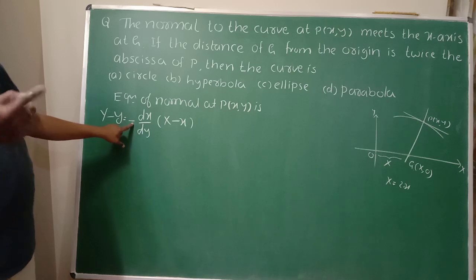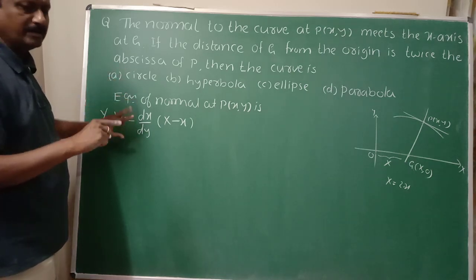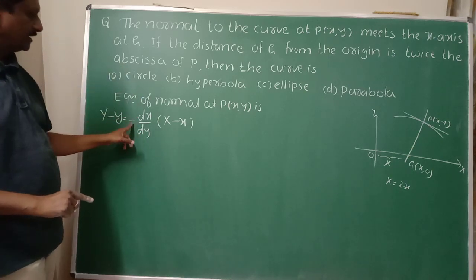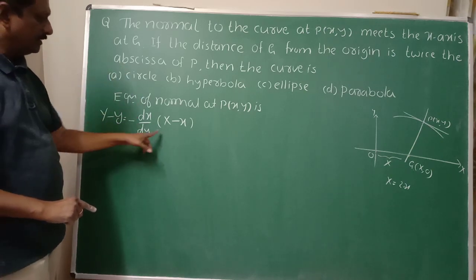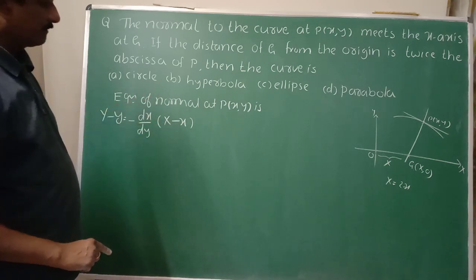You know the equation of the normal is y minus y1 equal to minus 1 by m times (x minus x1), where m is dy upon dx. Taking dy by dx to the numerator gives minus dx upon dy. This is the equation of the normal.